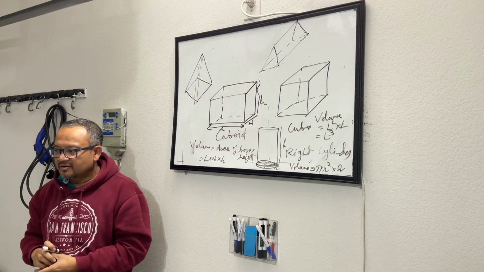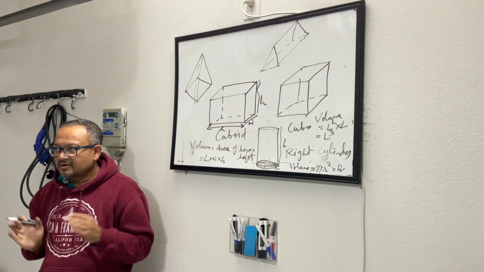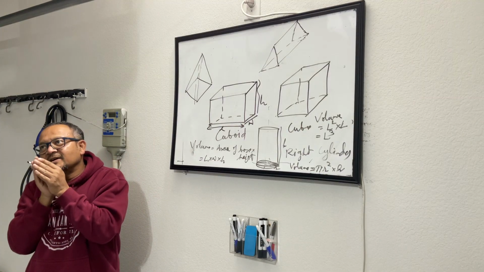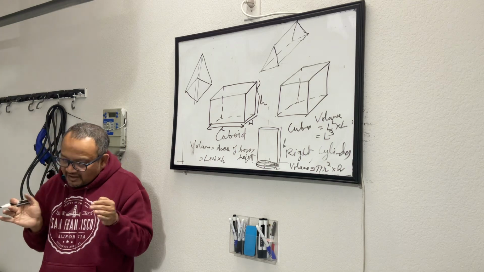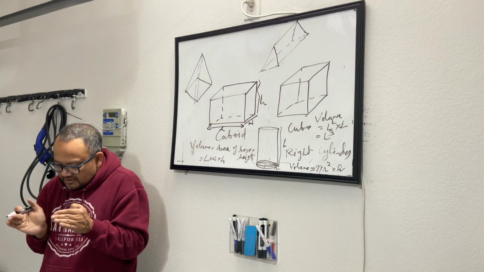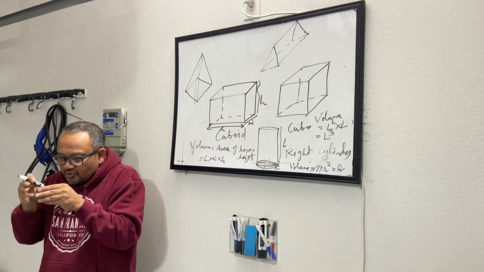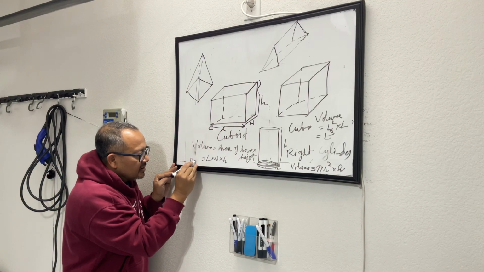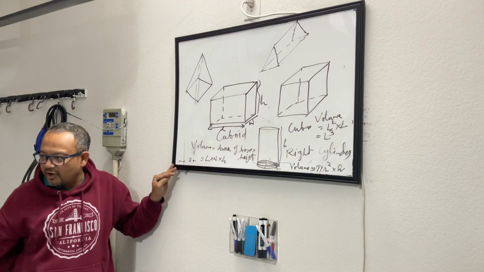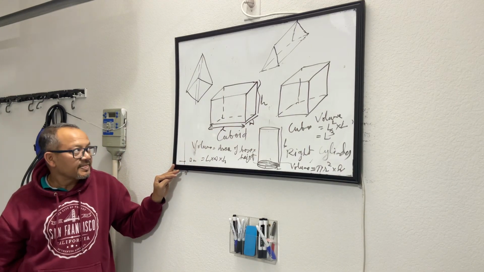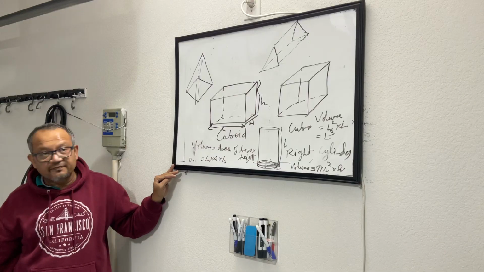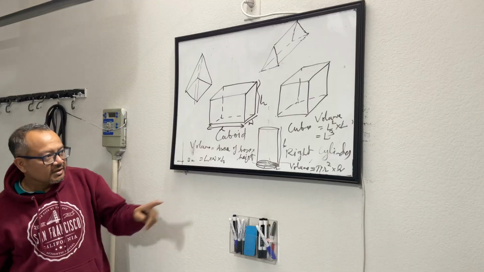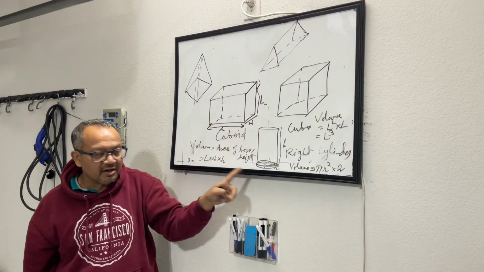It's like a bunch of rectangles stacking, but they keep getting shorter, shorter, shorter. So at one point in time, your rectangle became so very small that it became a point at the top. So a pyramid would be a little different from a triangular prism. Now we found the volume of cuboid, cube and a right cylinder.